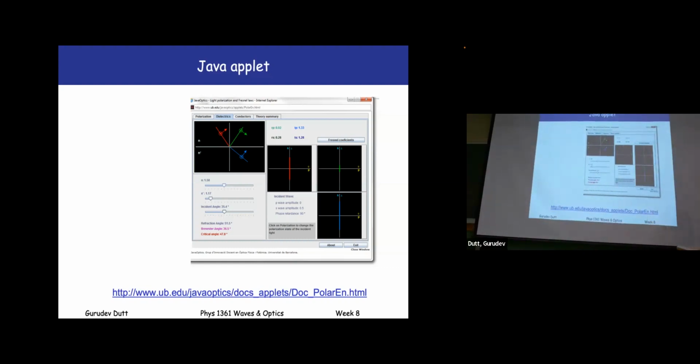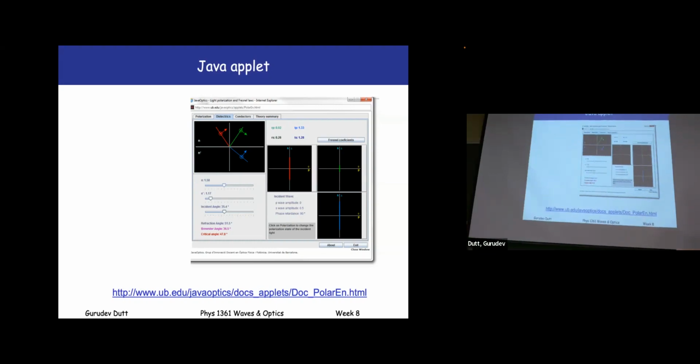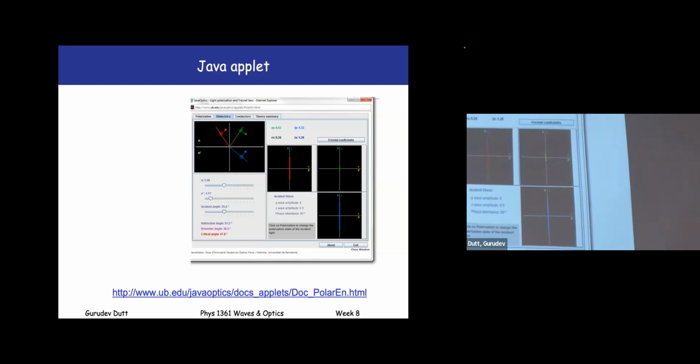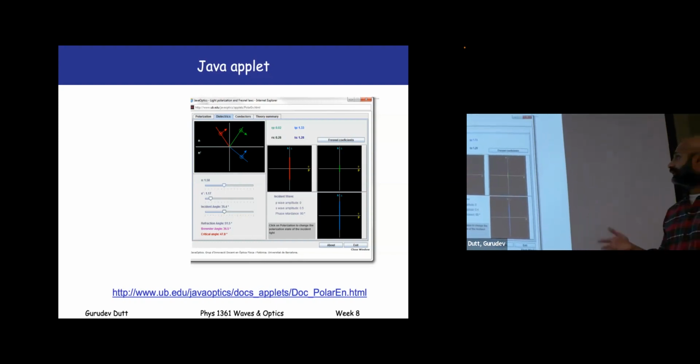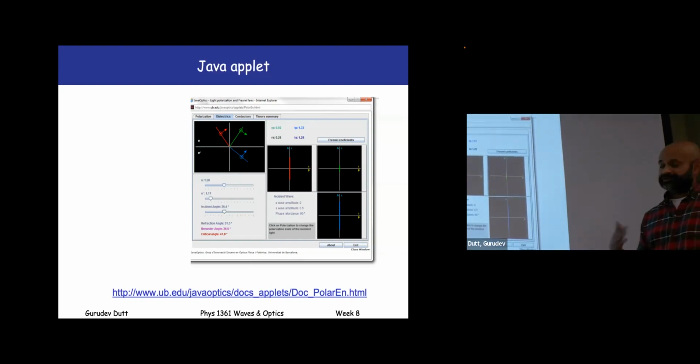So I'm just putting up here an applet that is quite useful if you want to play with this to understand how the polarization changes as you change the angle and the incident refractive index and the transmitted medium refractive index and so on. So this is the link to that. I encourage you to try it out on your own.